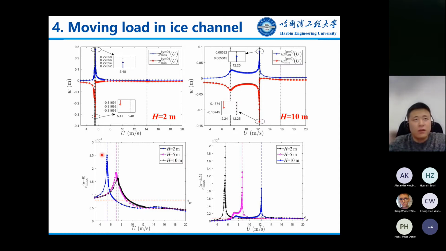We can see here the smaller the water depth, the larger the strain along the center of the channel, which also indicates that a moving load is more suitable for ice breaking in shallow water. This explains why the air cushion vehicle has a higher ice breaking ability in shallow water.